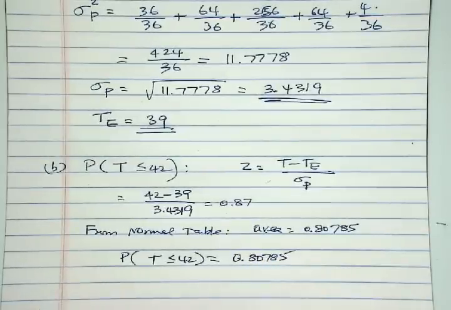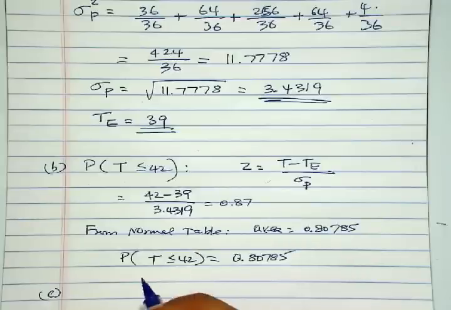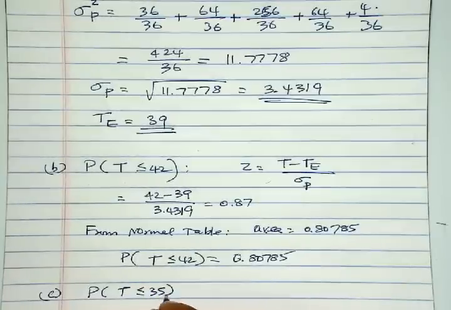Okay, now we want the probability that the completion of the project will be before 35. So we want the probability t is less than or equal to 35.